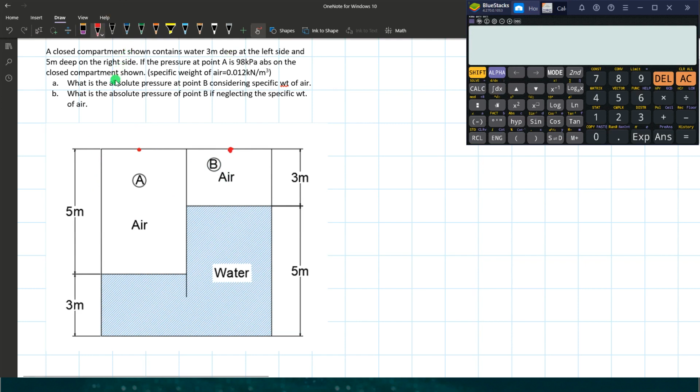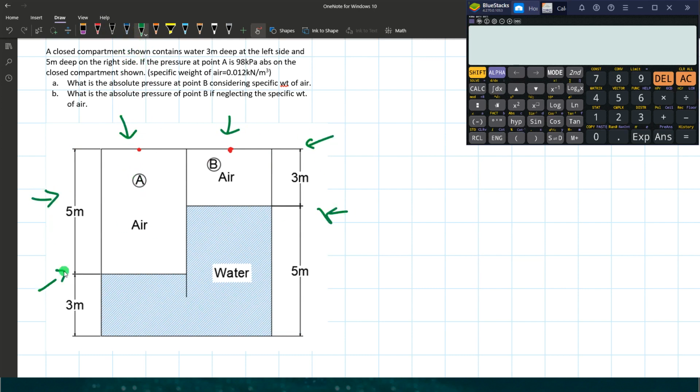For letter B, if we neglect the specific weight of air, what will be the absolute pressure at point B? Since this is a closed compartment, the pressures inside are not affected by the atmospheric pressure.